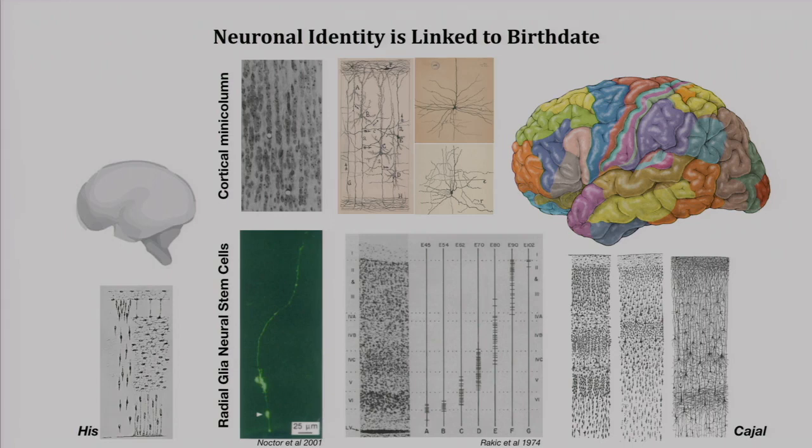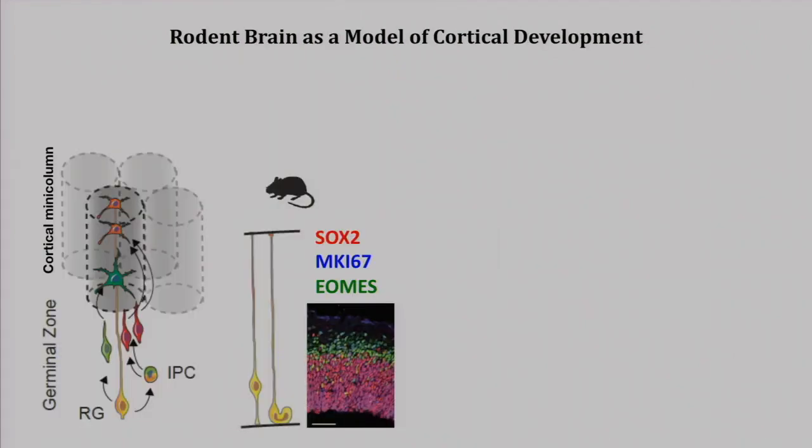But since then, we've learned quite a lot about the molecular diversity of these radial glia cells and their arrangements and developmental histories. And so we often think of the radial glia cells as contributing a unitary production of excitatory neurons to the cortical plate, and that these cells are then arranged in a stereotypic fashion that is largely similar across different cortical areas.